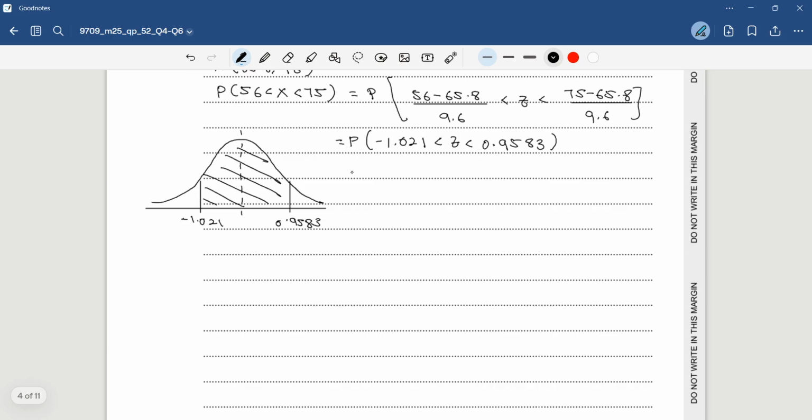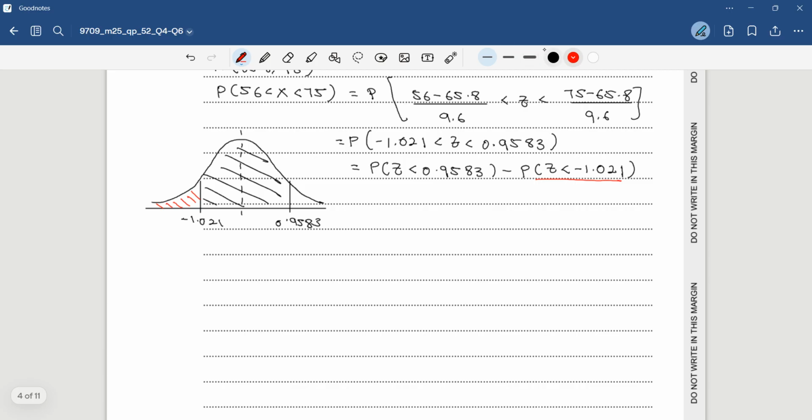Okay, so how you can calculate this is going to be the probability of z score less than 0.9583 minus the probability of z score less than negative 1.021. Okay, so this one will be this region.